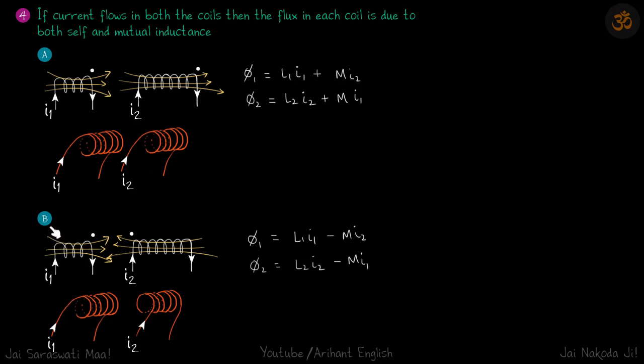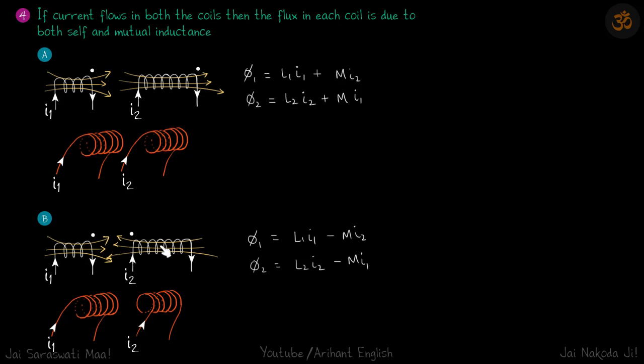Now the second case, the dots are near each other. That means if I pass the current I1 here, the field lines go through like this. And if I pass the current I2 here, then the field lines are countering it. Now the flux in the first coil is because of its own current I1 minus the mutual one, because it is in the opposite direction. So phi 1 is equal to L1 I1 minus M I2.